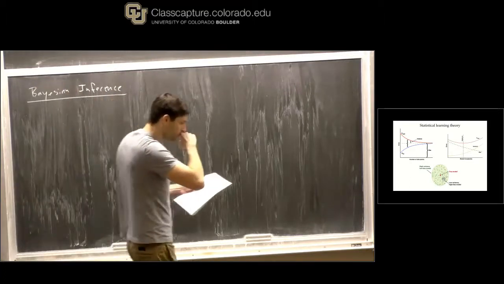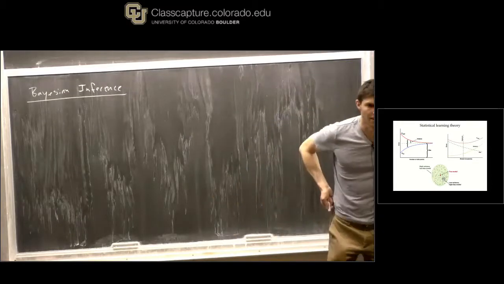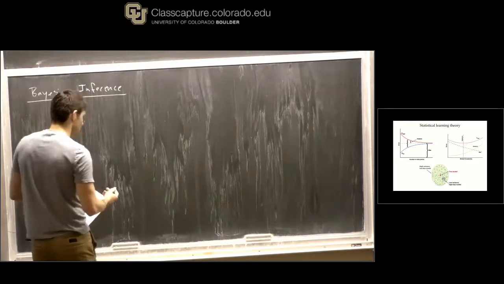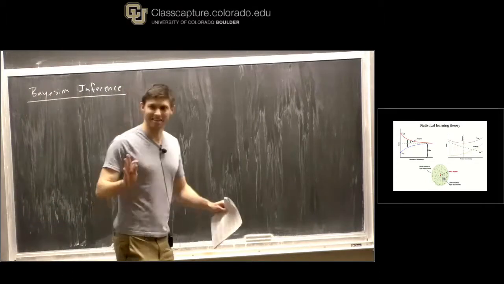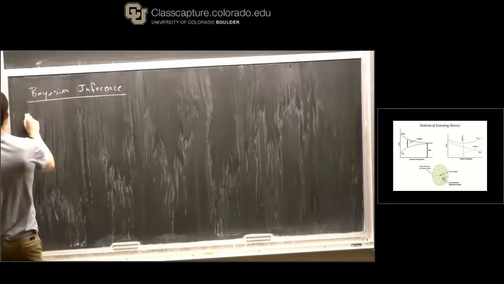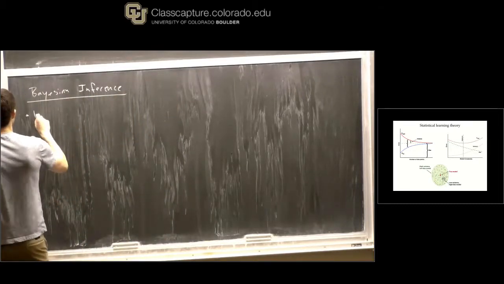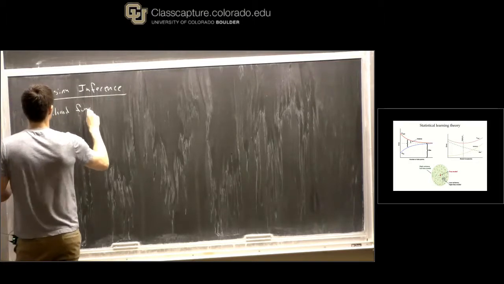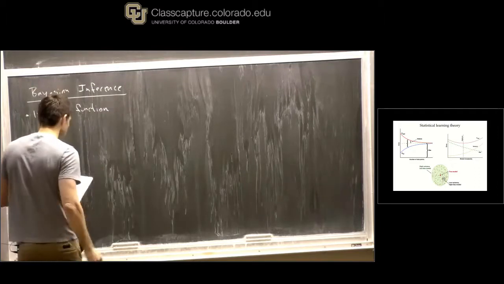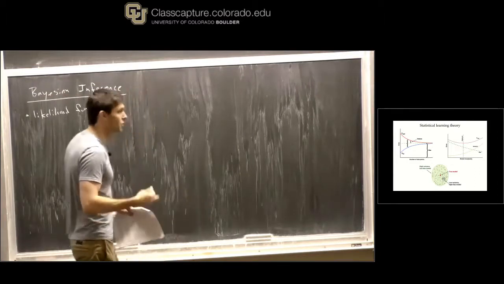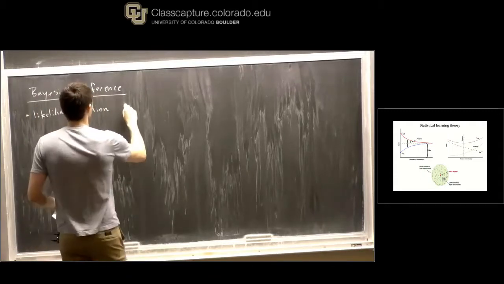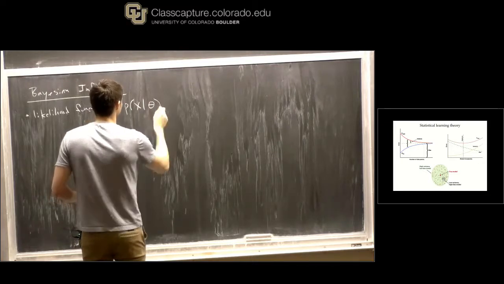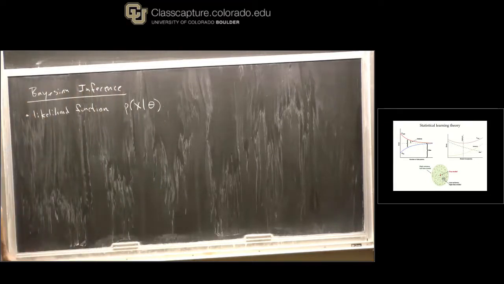So there are a few main concepts when thinking about doing Bayesian inference. And I'm going to just introduce them and not get into, as I said, any debates. I'm going to start with the easiest one. The first one is called the likelihood function. And the idea of a likelihood function is you have some data, and you look at the probability of that data given some setting of your parameters.